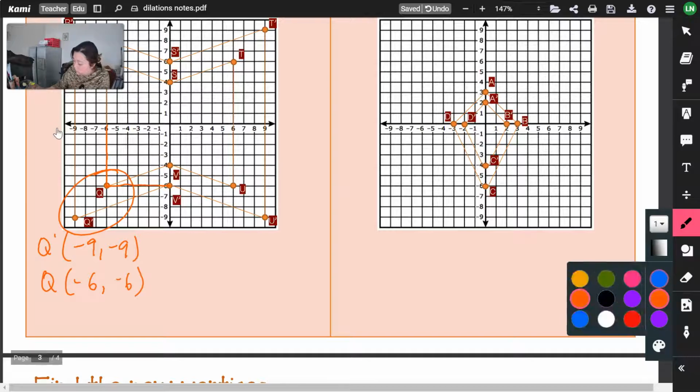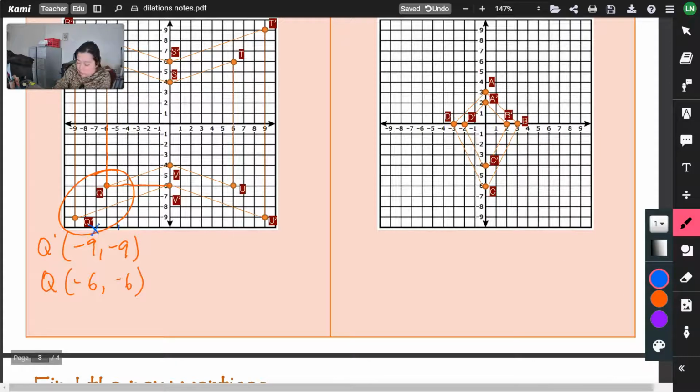So we're going to follow the same steps. Here's x, here's y. We used y last time, so let's use x this time. I guess it doesn't really matter for this problem because it's the same numbers, but whatever. So k is the new divided by original. New x is negative 9.